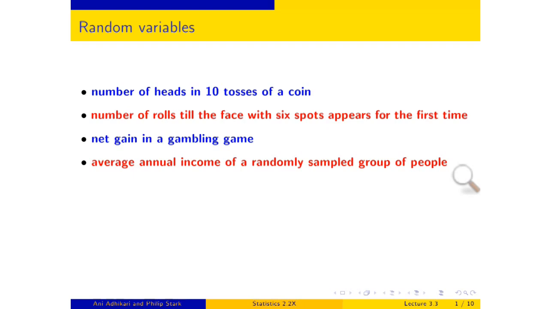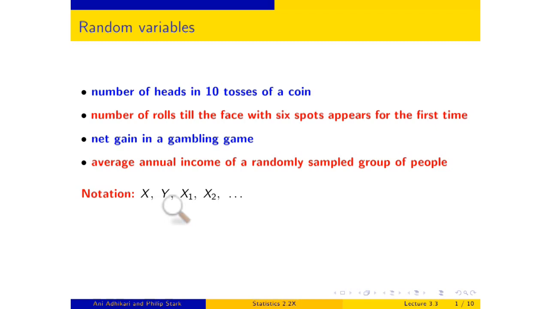Now, as in mathematics, you're used to having letters like little x and little y represent variables. So also in probability theory, the typical notation for a random variable is an uppercase letter towards the end of the alphabet. X is the most common, and Y is probably a close second.